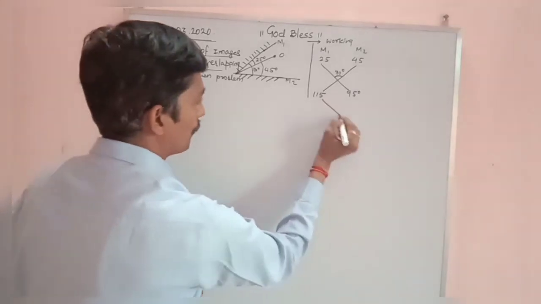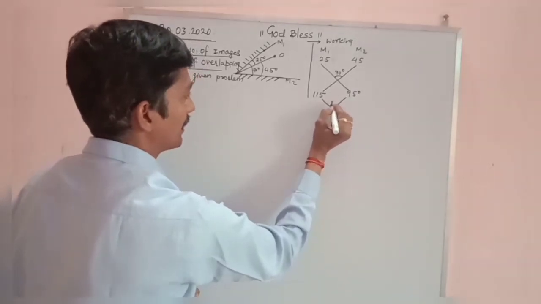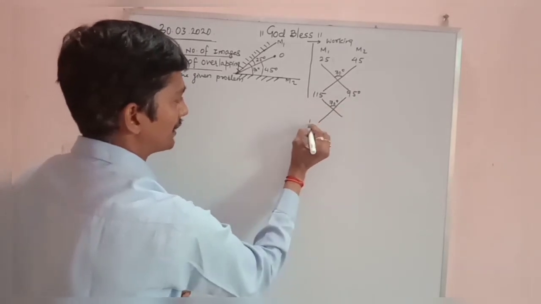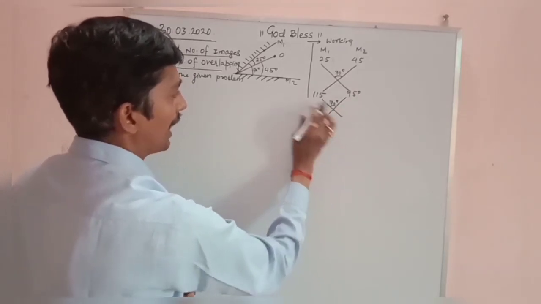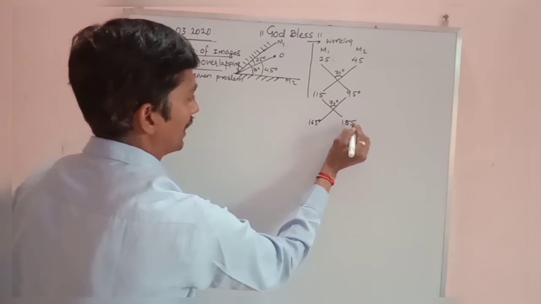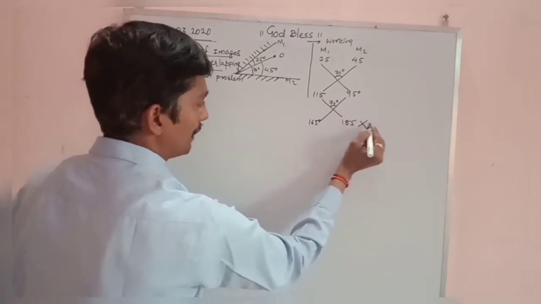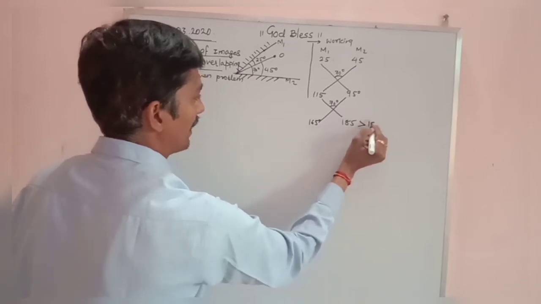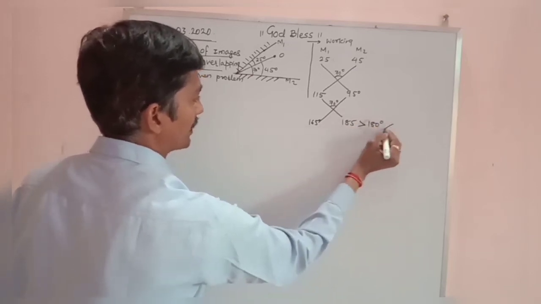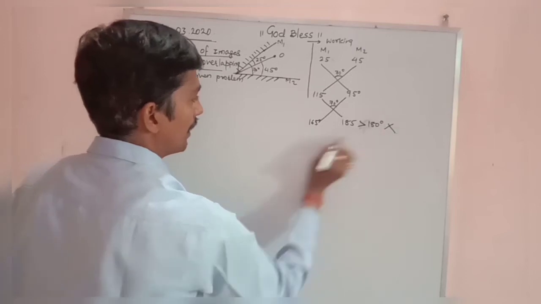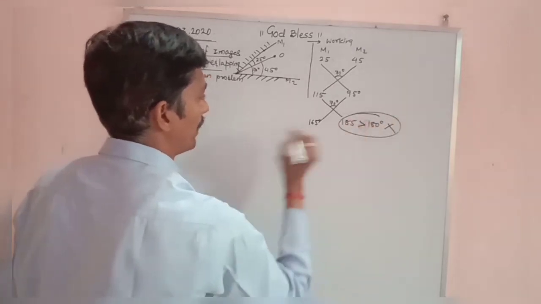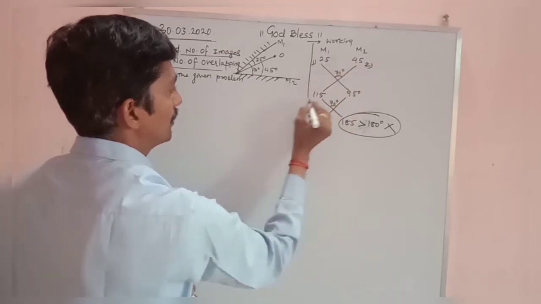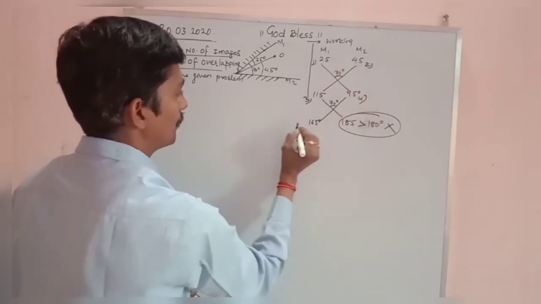Now again it will go for the crisscross. Here it is 70. 95 and 70 will give me 165, and this will give me 185. 185 means it is exceeding 180 degree, so it does not form an image. Right? So how many images? 1, 2, 3, 4, 5.